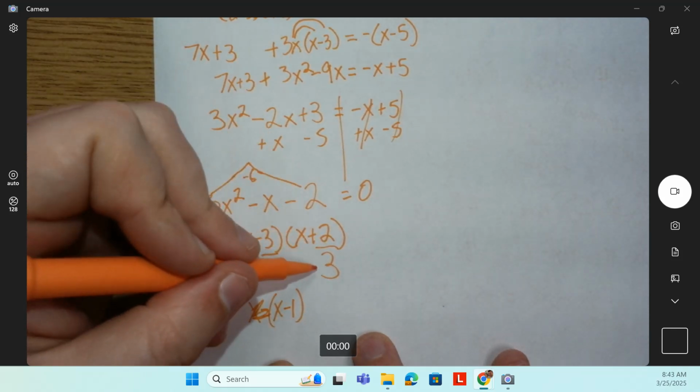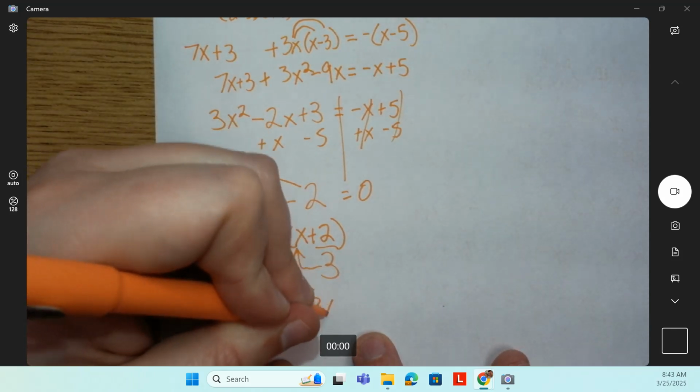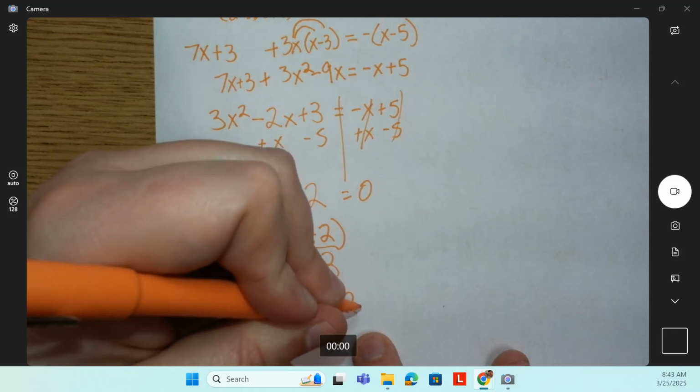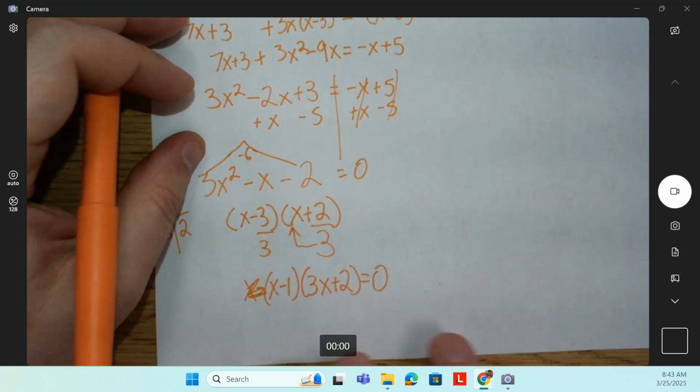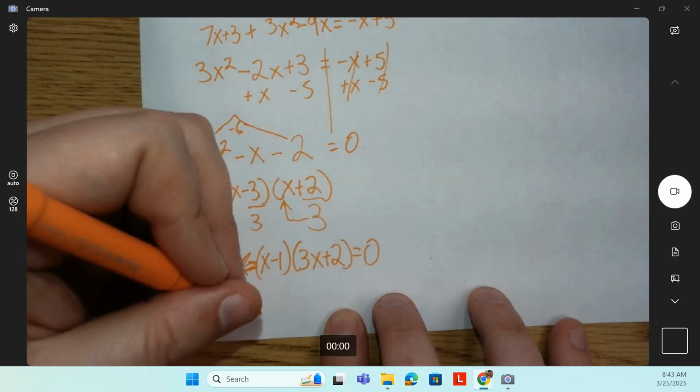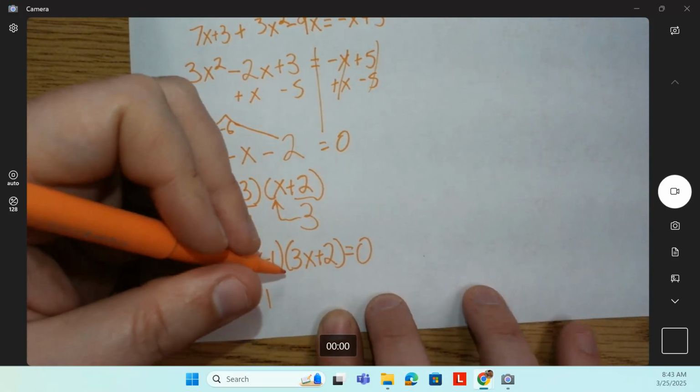And here it doesn't divide, so that 3 will move up in front of the x to give me 3x plus 2 equals 0. And so when I solve this out, x here would equal positive 1.